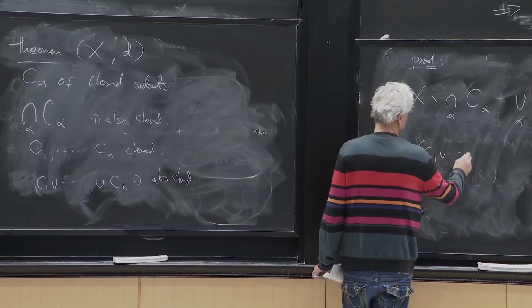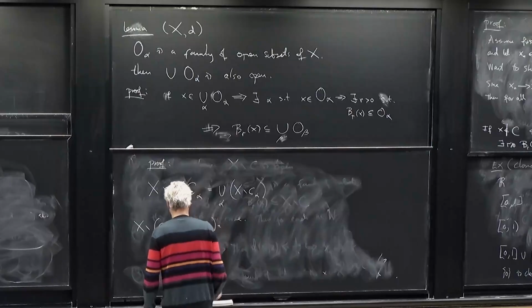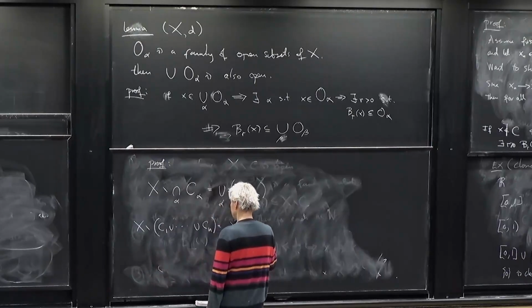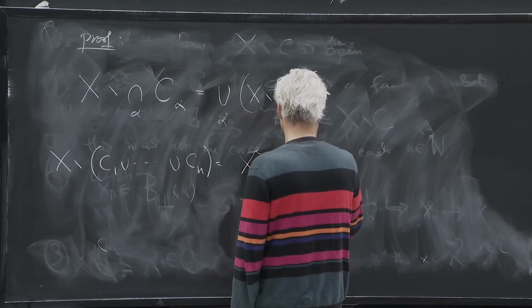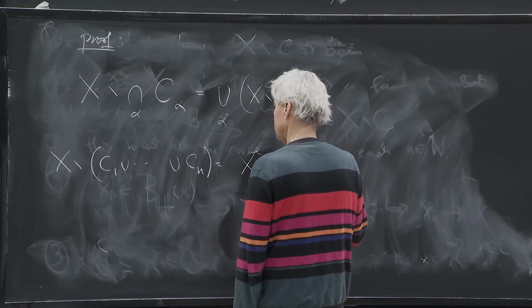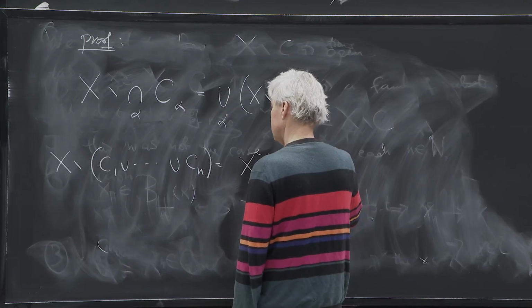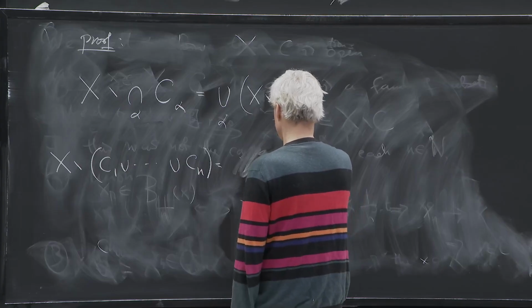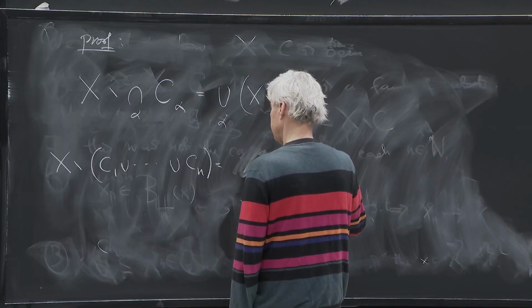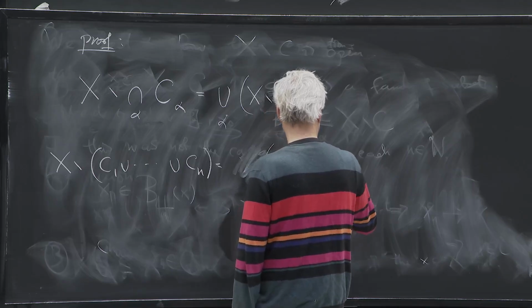This is now the intersection of the complements of the C1 up to Cn, like this.